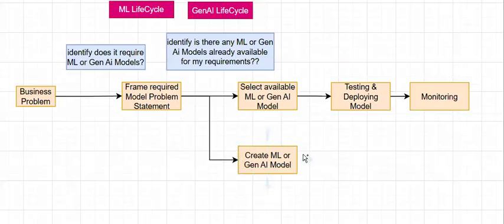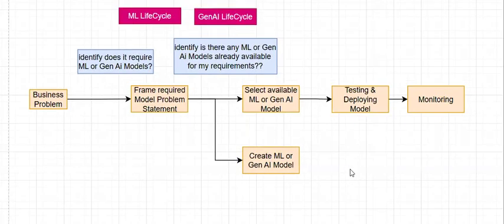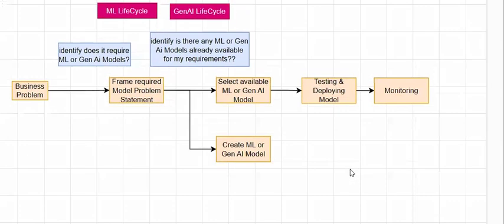At this stage, how many ways do I have to create a model which exactly fits my business problem? We have two options.